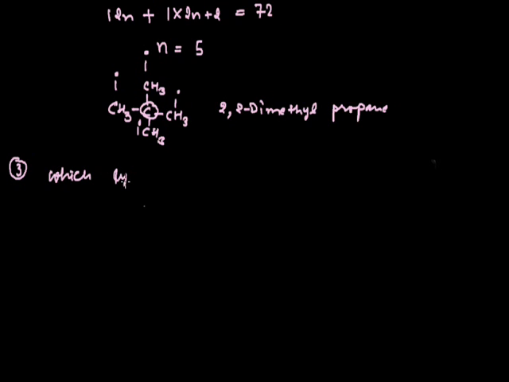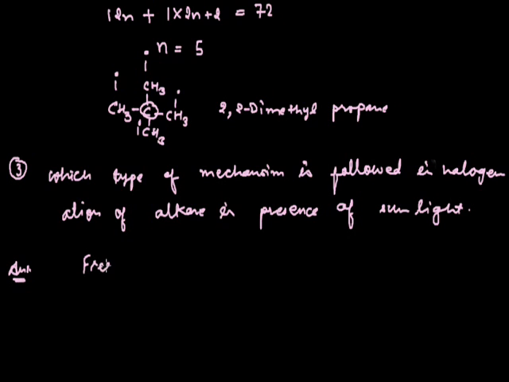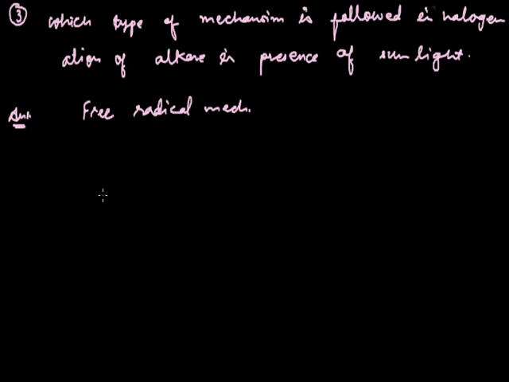Which type of mechanism is followed in halogenation of alkane in the presence of sunlight? This is a free radical mechanism. It involves 3 types of steps.